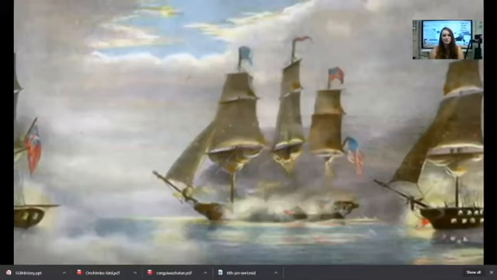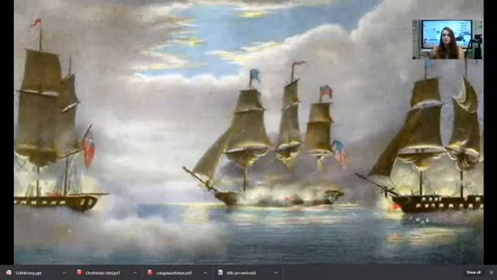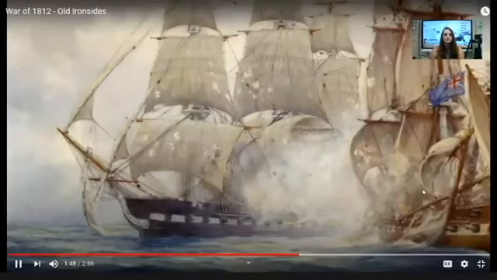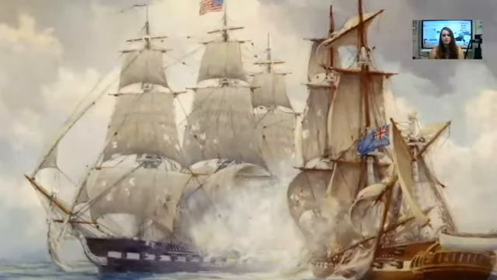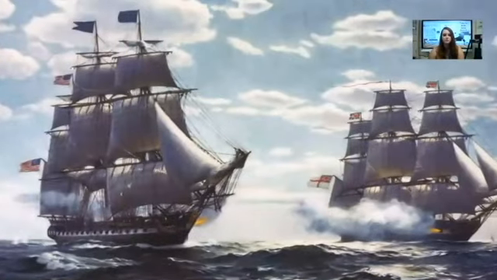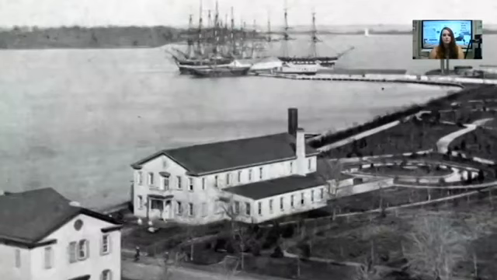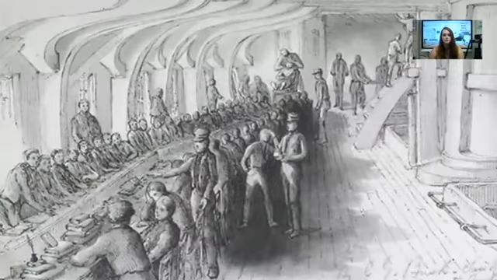Constitution would encounter other British warships during the war, and each time emerged victorious. Though her battles didn't have much effect on the outcome of the war, her victories against the Royal Navy were a source of inspiration to Americans. Constitution remained an active warship until the 1850s, when she began a new role as a training ship for midshipmen, a valuable service she filled for another 3 decades.